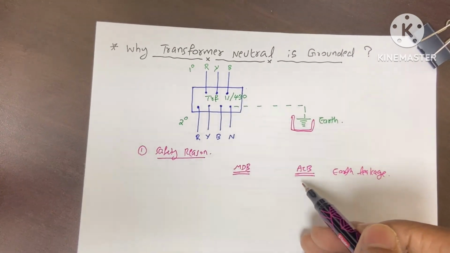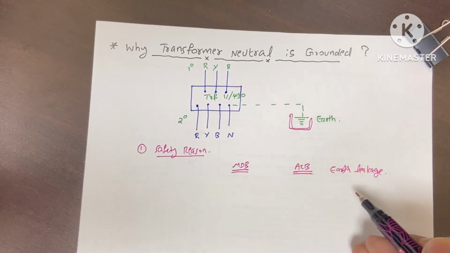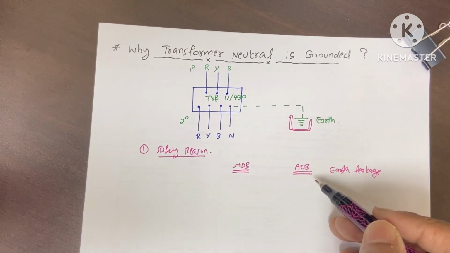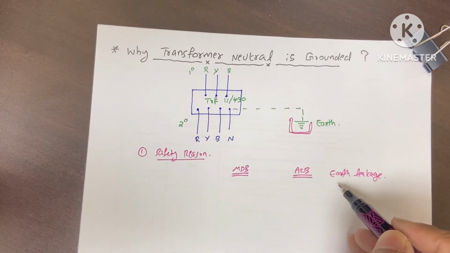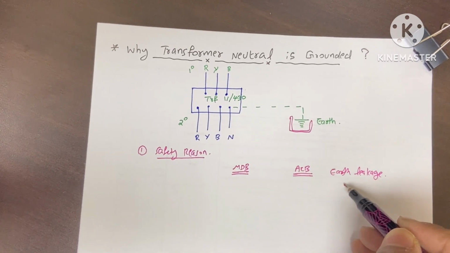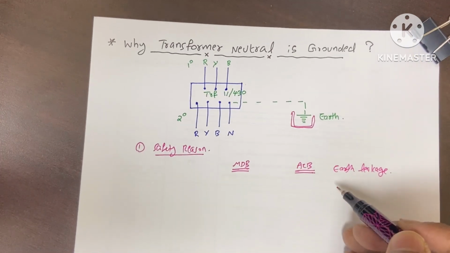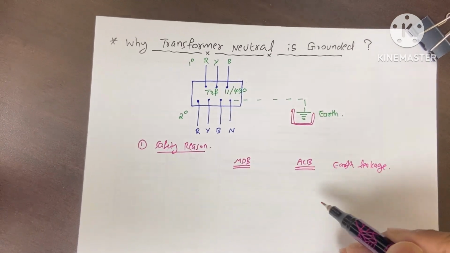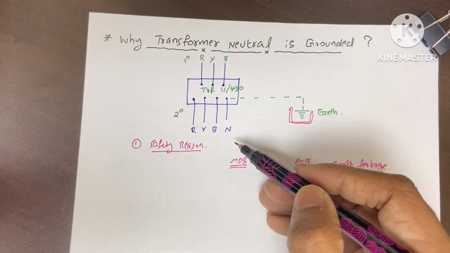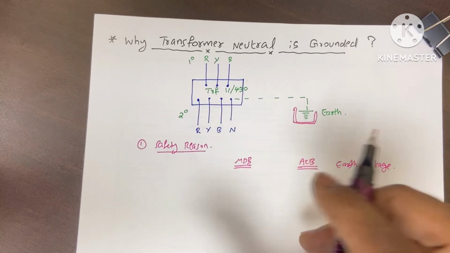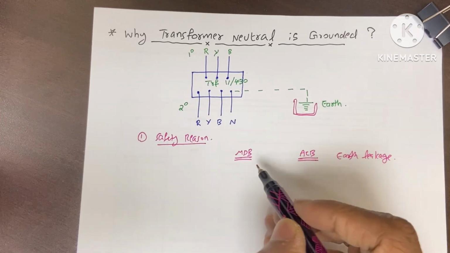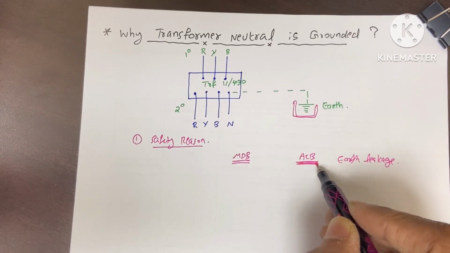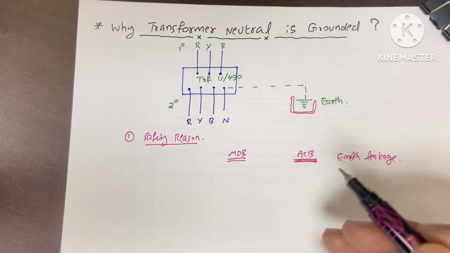When any phase touches the metal body, a high fault current flows through the phase and goes directly to the earth through that metal body. The same current which flows through the phase would not come back through the neutral. An unbalance occurs and it is sensed by the ACB electronic trip unit, and our ACB would trip instantaneously.